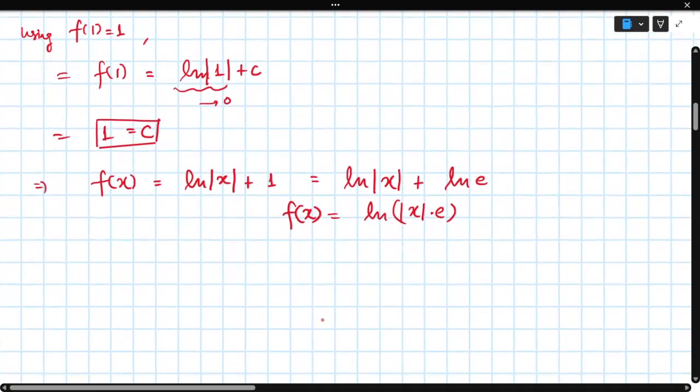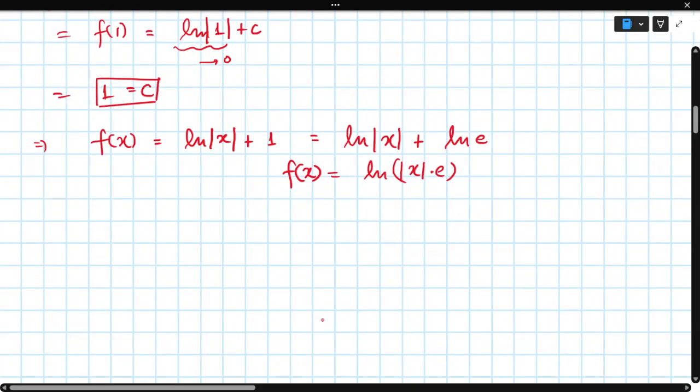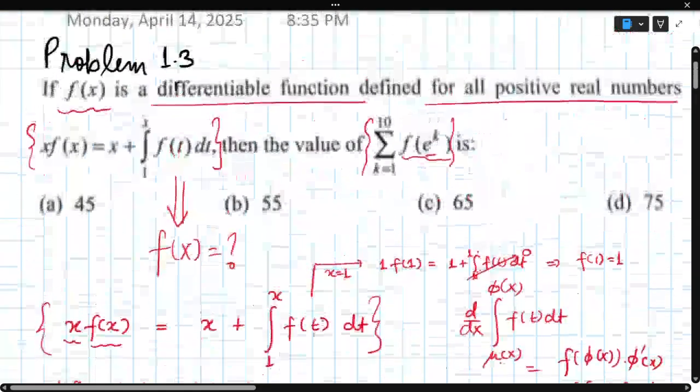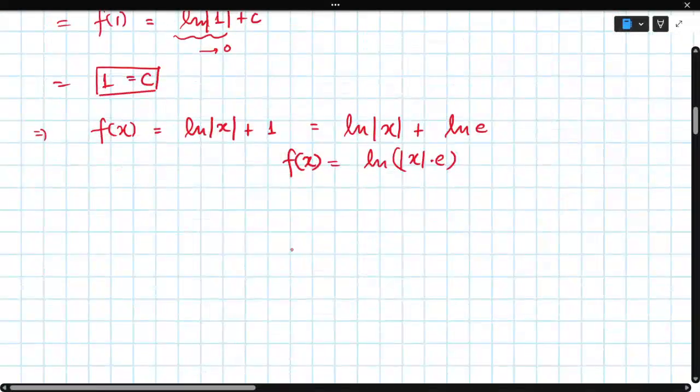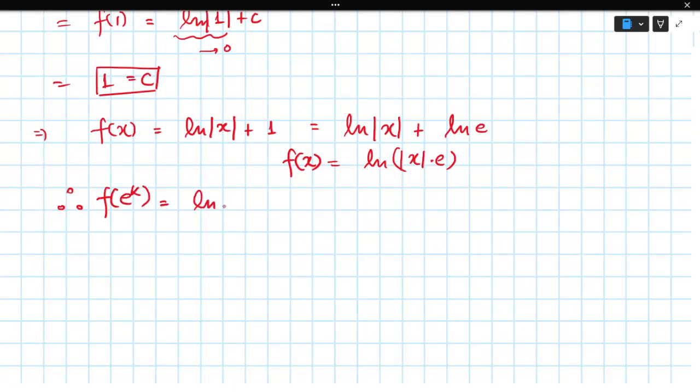Now, let's understand what the question demands. The question asks about f(e to the power k). So f(e^k) is ln|e^k times e|. The e^k and e^1 are multiplied, so ln e to the power k plus 1.